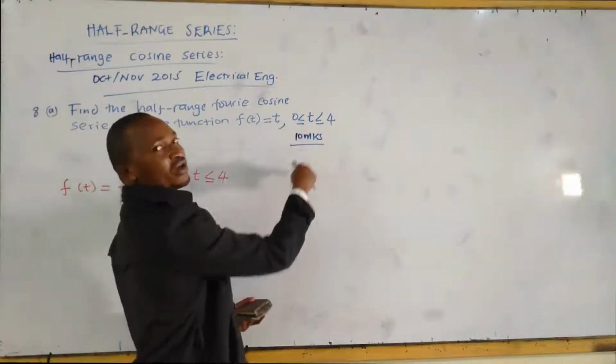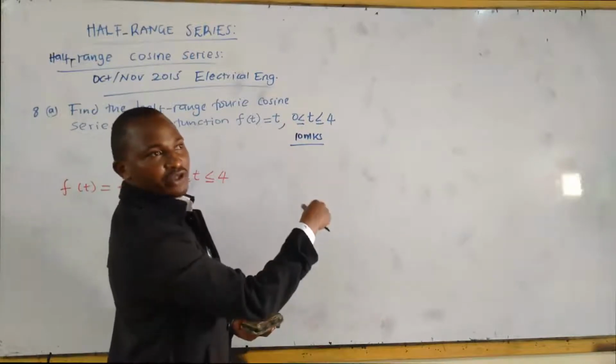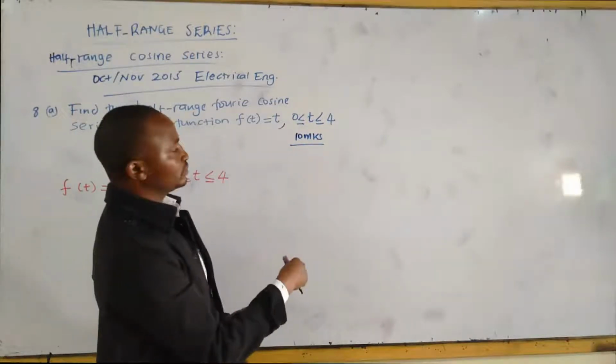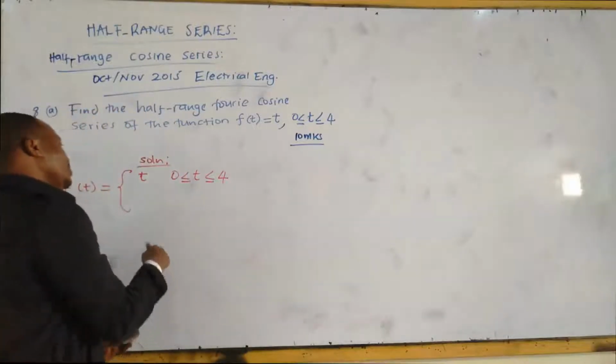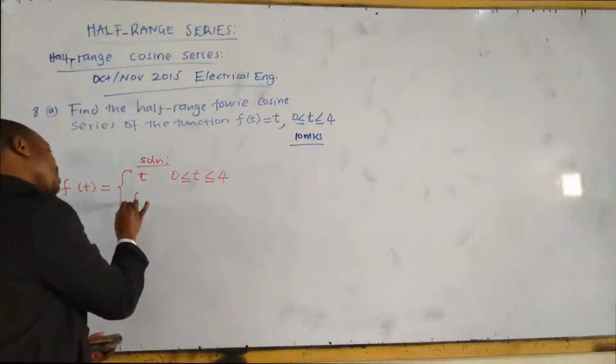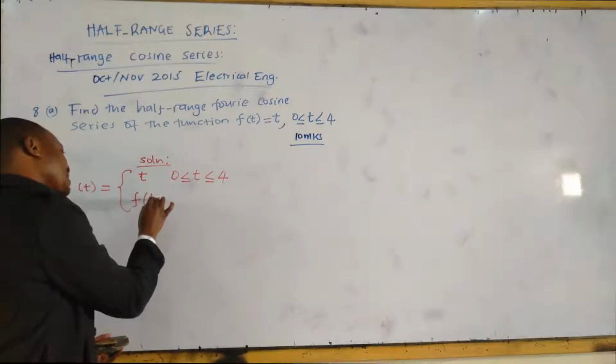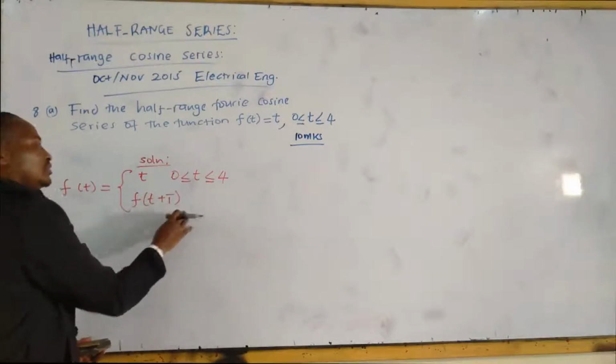Between 0 and 4 is only half of the range, from 0 to T over 2. And of course, the function must be periodic with period T.